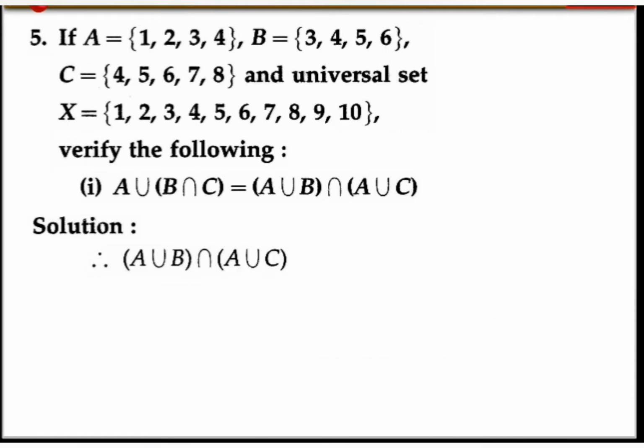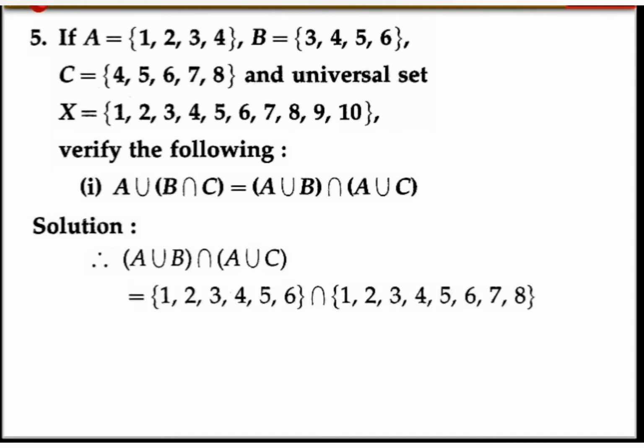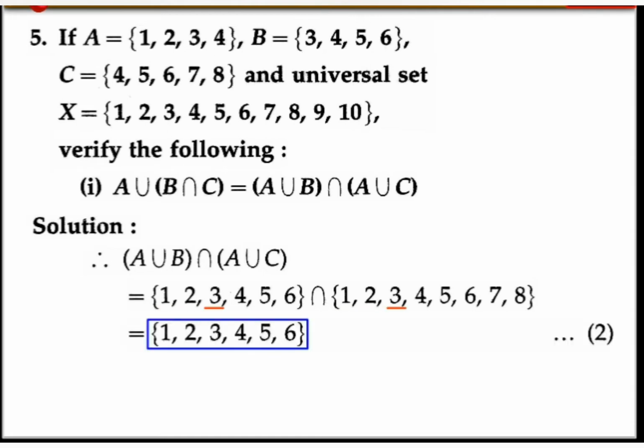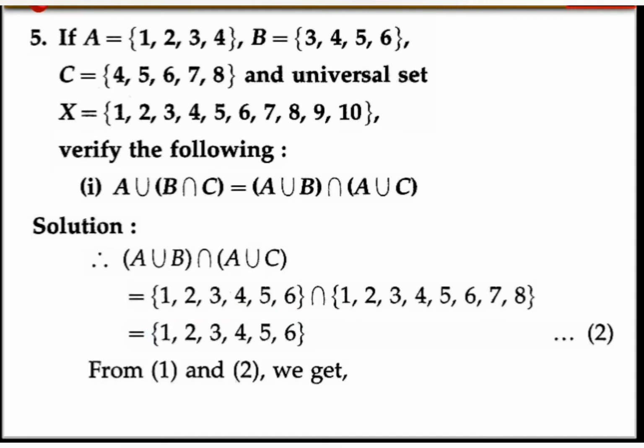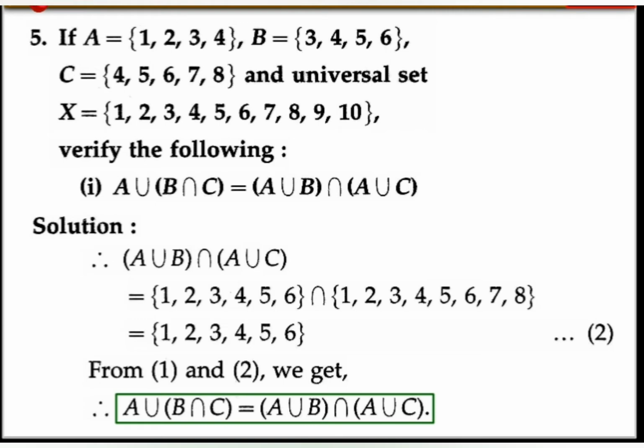Therefore, (A ∪ B) ∩ (A ∪ C) is equal to {1, 2, 3, 4, 5, 6} ∩ {1, 2, 3, 4, 5, 6, 7, 8}, which means it is {1, 2, 3, 4, 5, 6}. Let us put it as 2. Now, from 1 and 2, you can easily make out that A ∪ (B ∩ C) is equal to (A ∪ B) ∩ (A ∪ C).